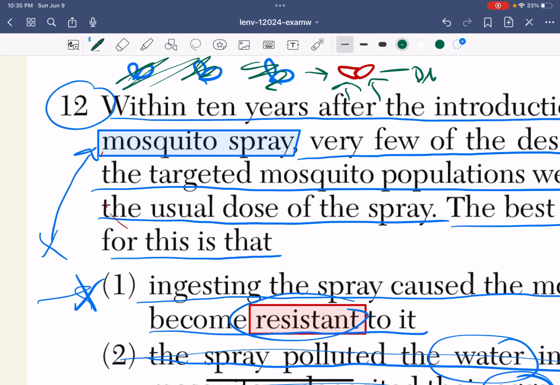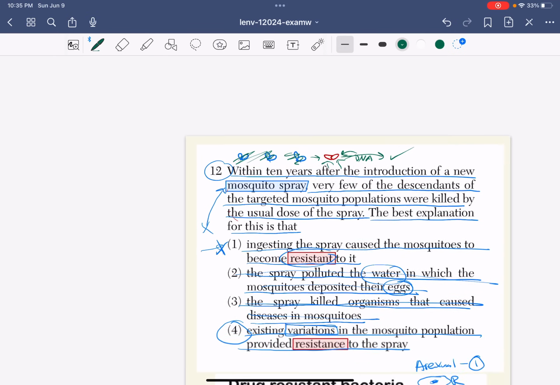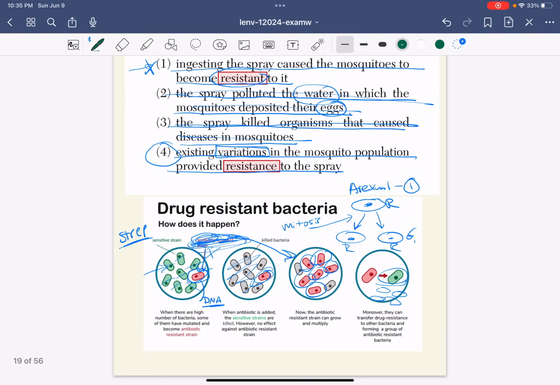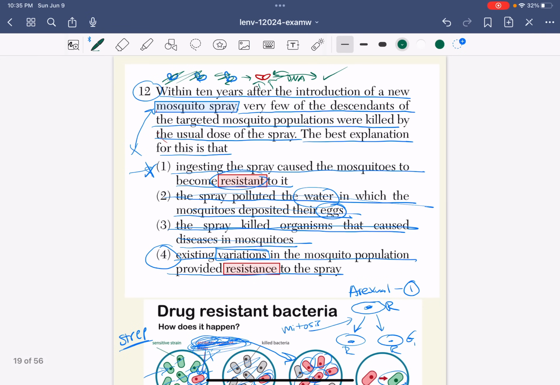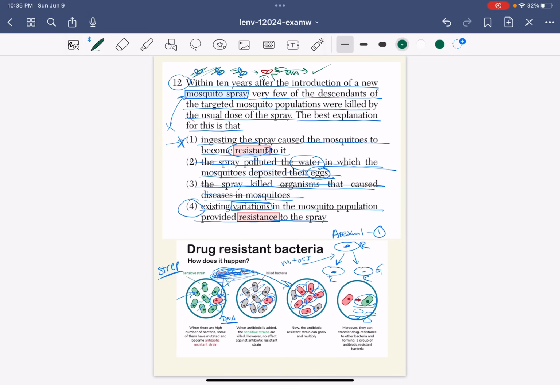Because the DNA in this mosquito makes it resistant to the poison, so then its offspring is going to survive the poison. You will absolutely find a question checking to see if you understand how organisms are resistant to poisons or to antibiotics or medication.